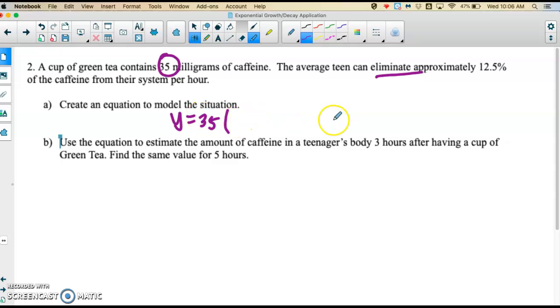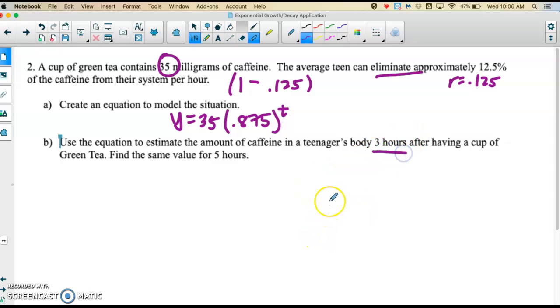And then 1 minus 0.125 as a decimal, that's your r. So 1 minus 0.125 is going to be 0.875. And t is our variable, which represents hours.